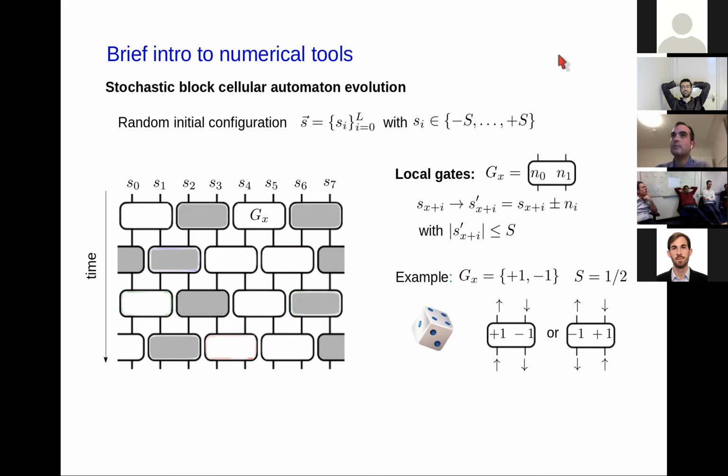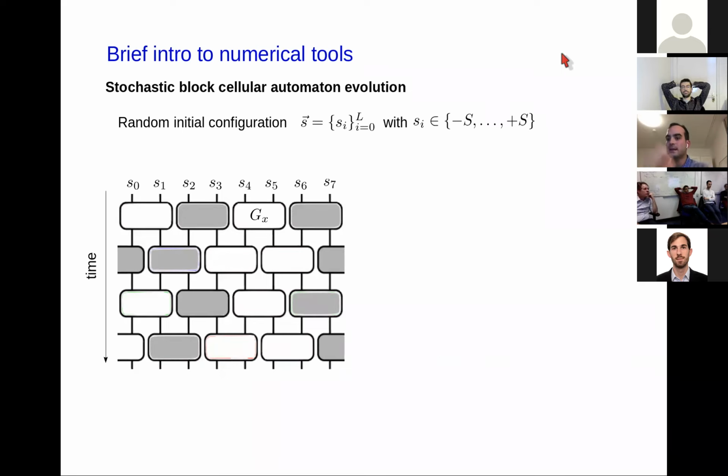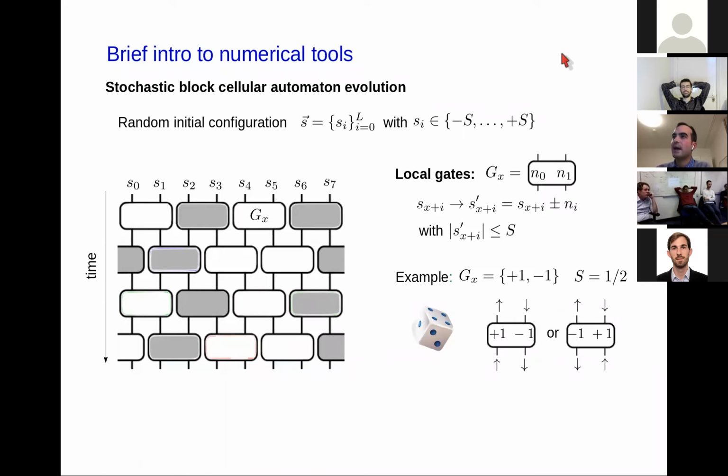Let me give you an example. Say we fix the spin to be 1/2, and say we pick the gate +1 -1, or as you see here, the inverse. We will roll a dice, and if the result is 1, 2, or 3, we will apply the gate +1 -1. Assume we have this spin configuration with up, down.